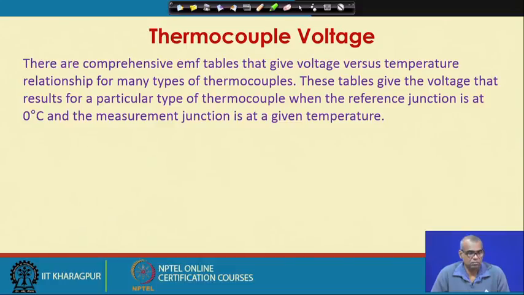Thermocouple voltage. Now, the thermocouple always produces voltage in the range of millivolts, and that millivolt corresponds to the temperature difference for a given thermocouple that exists between the hot junction and the cold junction.